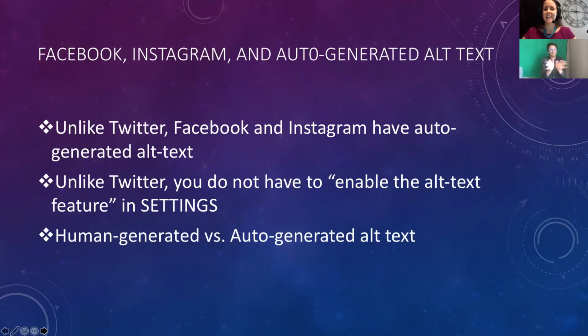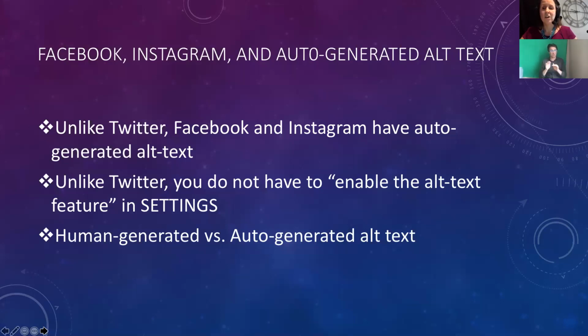Okay. So now we're moving away to focus more on Facebook. So we're going to talk about Facebook, Instagram, and automatic generated alt text. Unlike Twitter, Facebook and Instagram have automatic generated alt text.